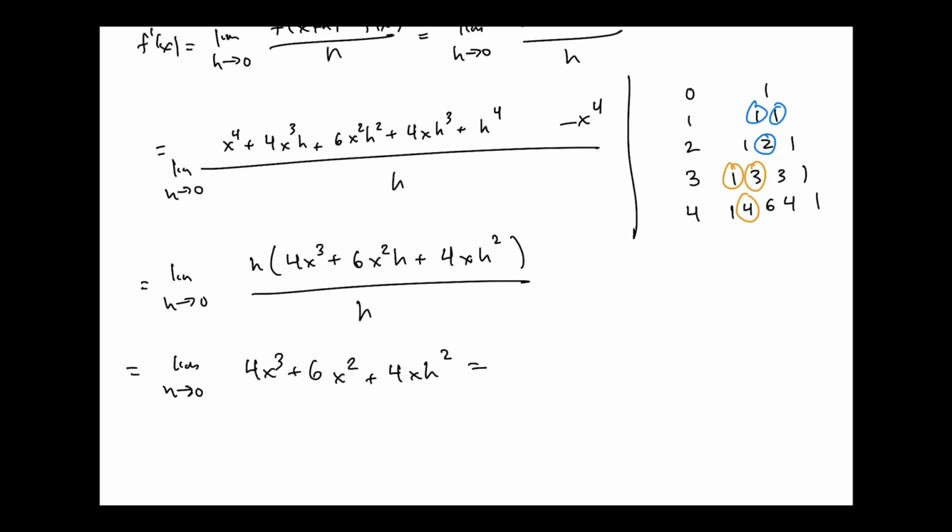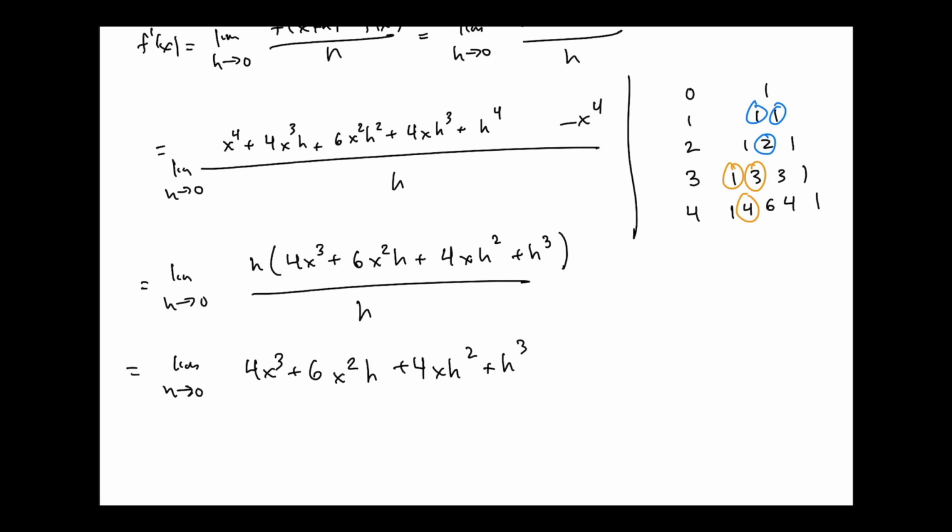Plus 4x squared h plus h, so h cubed. Okay, so sorry. I need h cubed. Yeah, I see what you're saying. Okay, this should have an h, and then this should be 4xh squared plus h cubed.